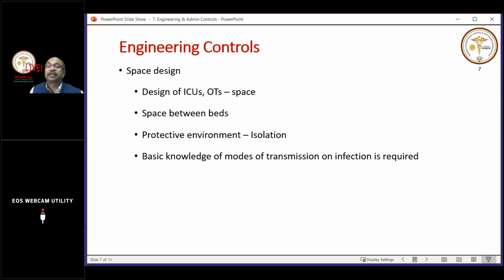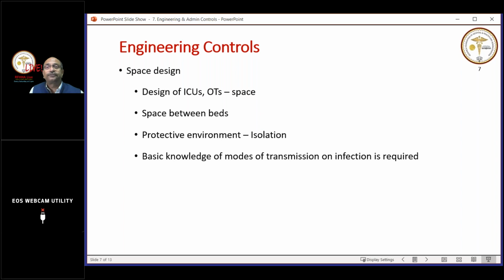And if the patient can become the recipient of infection, or is susceptible to infection because of many reasons, immunosuppression or a disease condition, then he may require a positive pressure isolation. And typically, the standard isolation, that means the isolation without any pressure differential, is something which is widely available. Positive and negative pressure isolation are expensive to create.